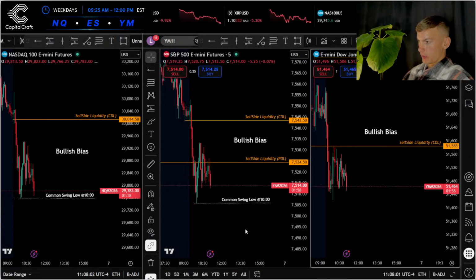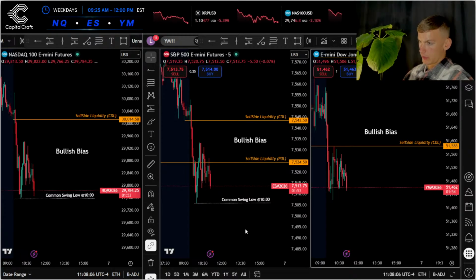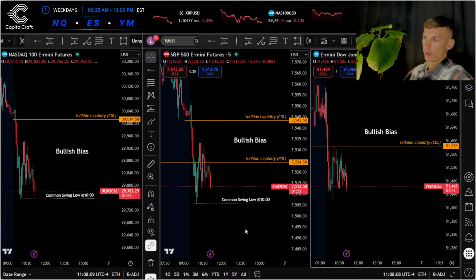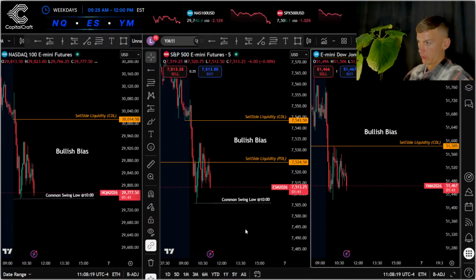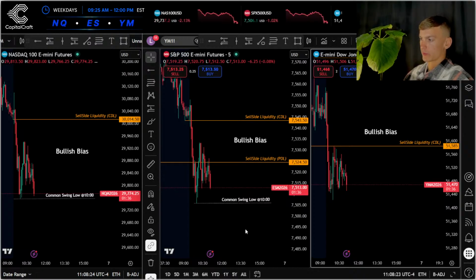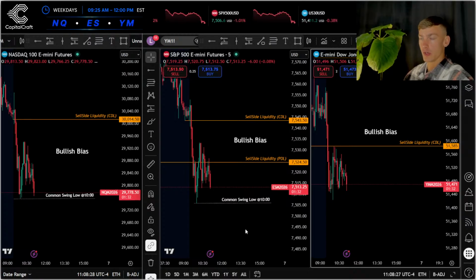Alright, so I've gone ahead and cleared up some of the swing lows that I was looking at, and the reason I did that is we saw all three of our indices raid those specific levels, and we've not yet seen any push up. So price is still indicating bearish movement to me. Now we do have another common swing point. Should we violate this one once more, we would have to essentially wait for another common swing point to form intraday.